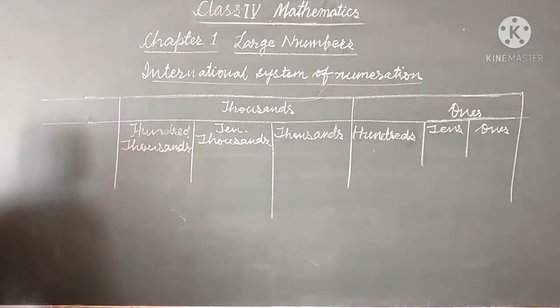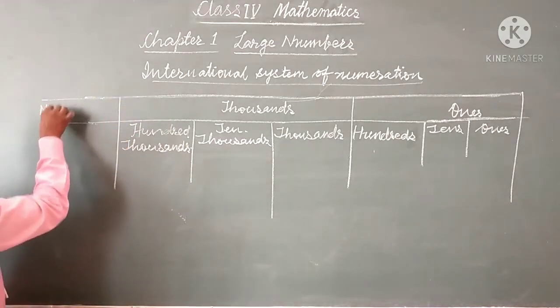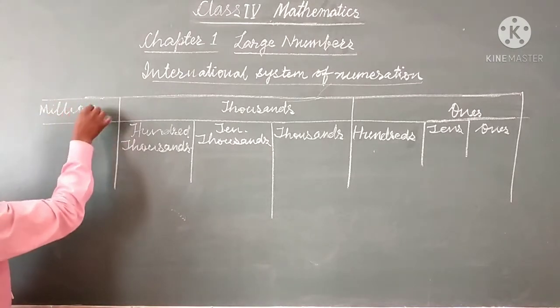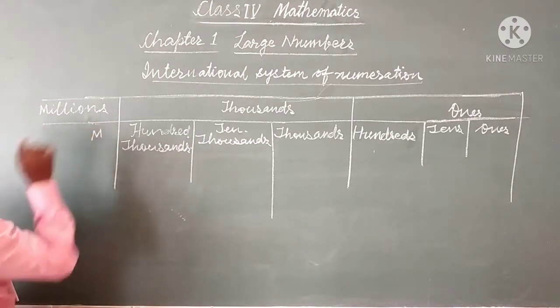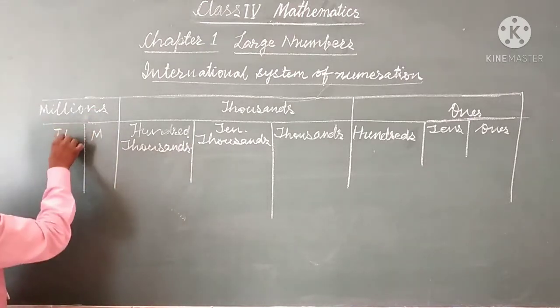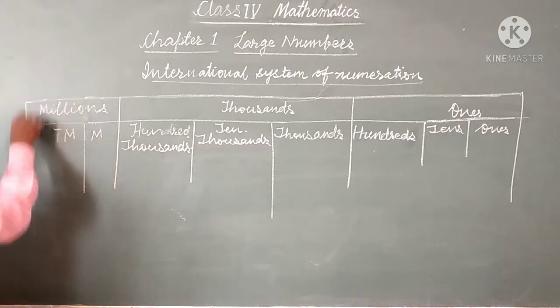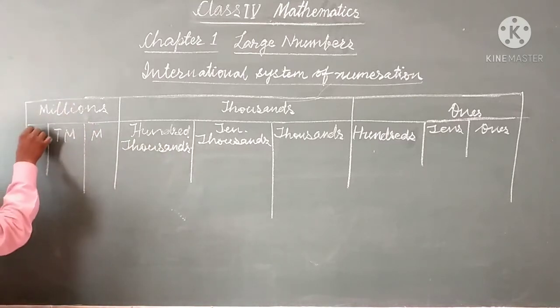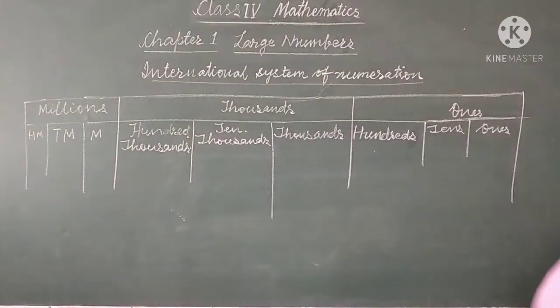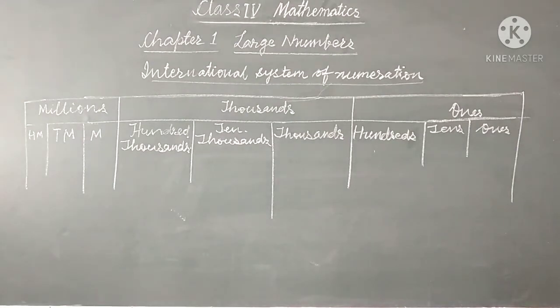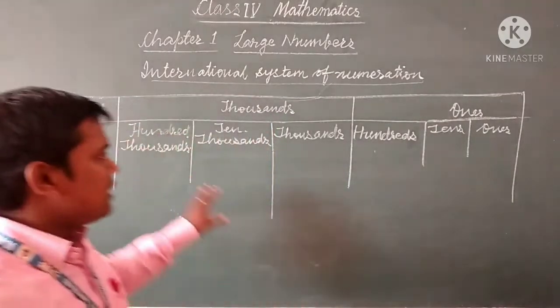Another period is called the millions period. In the millions period we have the million place, ten million and hundred million. So we observe from this place value chart that in the international system we have 3 places in each period.